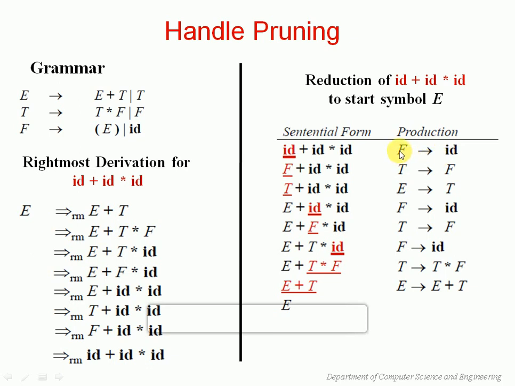The production that you use for that is this. From F plus id star id, that sentential form, you identify F as the handle, and F will be reduced to T using this production, T gives F. So now you get T plus id star id, T will be the handle there, and E gives T. Using this production you reduce it to E. Now from E plus id star id you identify a substring that could be reduced further, so that it makes the reverse of this particular rightmost derivation.